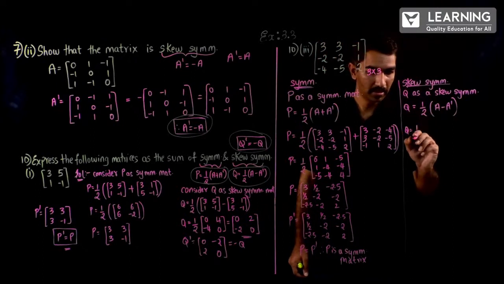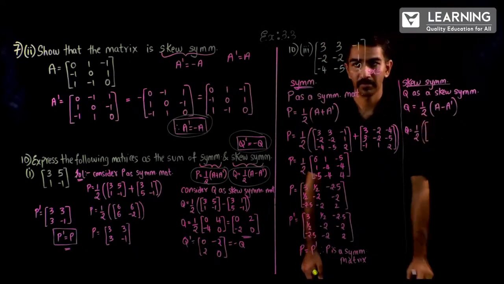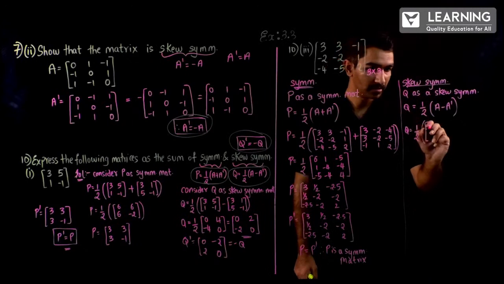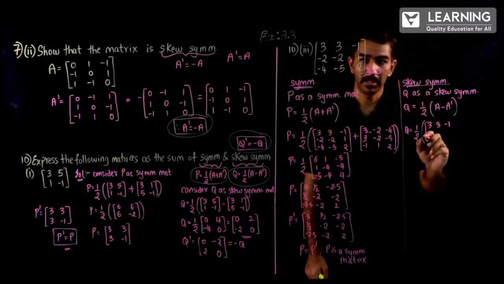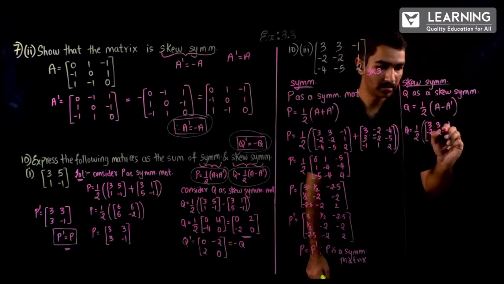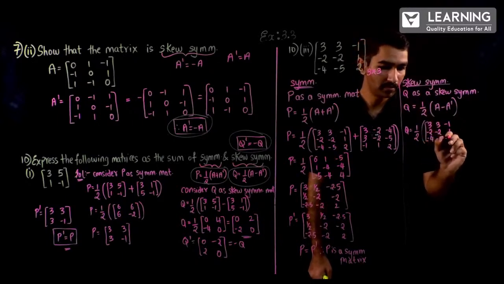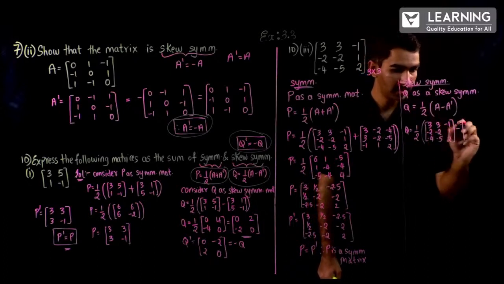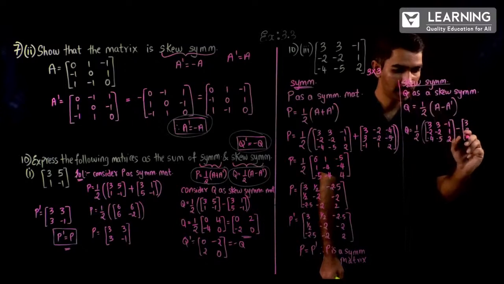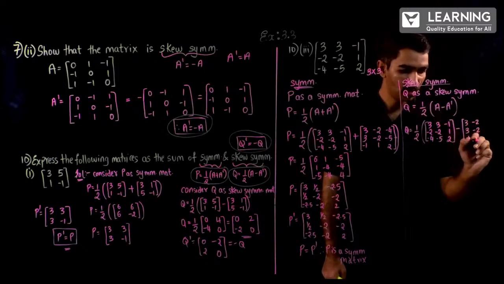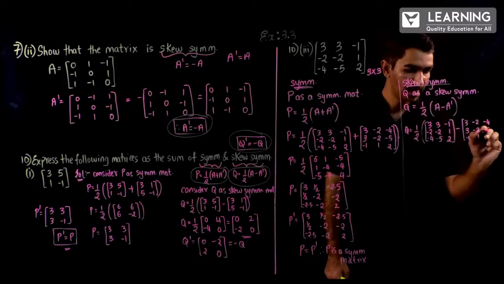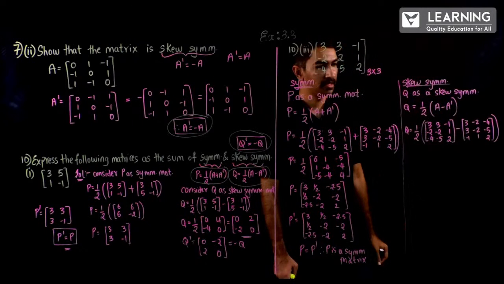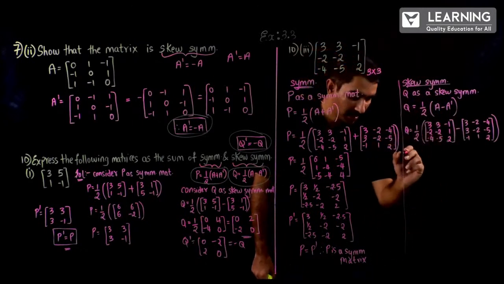Q equals 1 by 2 of 3, 3 minus 1, minus 2, minus 2, 1, minus 4, minus 5, 2, minus A dash 3, 3, minus 1, minus 2, minus 2, 1, minus 4, minus 5, 2. This is our A dash. Now subtract these both matrices.